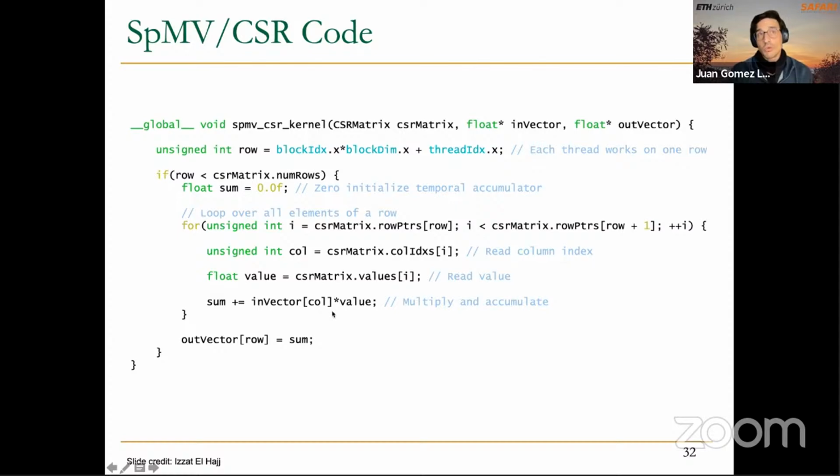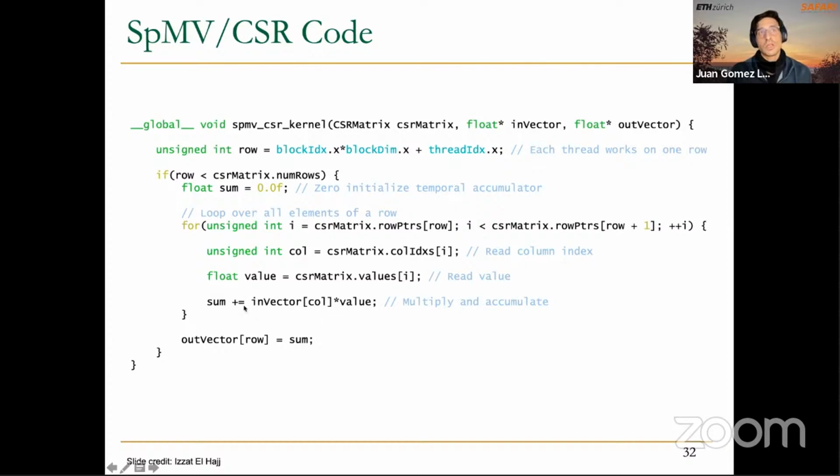There are probably more optimizations that we can apply to this code here. As you see, it's a pretty simple code, pretty straightforward implementation. And we know already some ways of optimizing our code, as we have seen in previous lectures. One thing that we could do here is storing the whole input vector, which is this dense vector that is essentially accessed by all threads of a block.